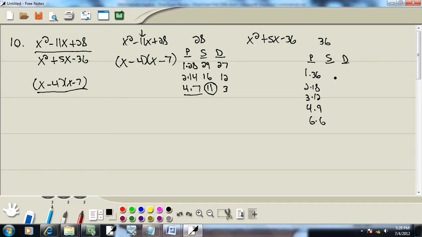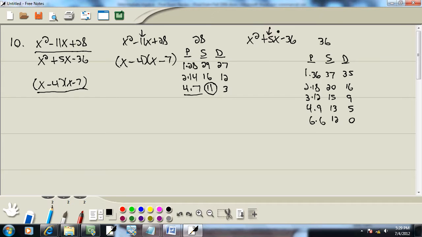Then we're going to add them: 1 plus 36 is 37, 2 plus 18 is 20, 15, 13, 12. Subtract them: 36 minus 1 is 35, 18 minus 2 is 16, 12 minus 3 is 9, 9 minus 4 is 5, and 6 minus 6 is 0.